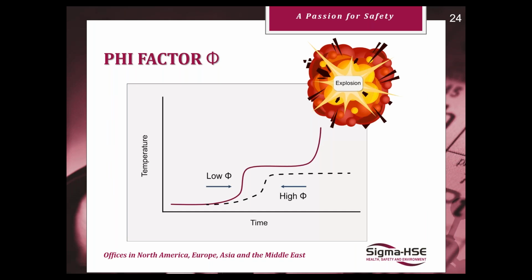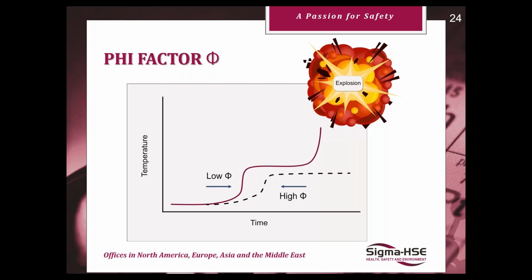So the consequences of different phi factors: if we consider a high phi factor system, such as the Carius tube or the DSC, and we have a decomposition over time, there's going to be greater heat losses to the container. And as this plot shows, with the dotted line, we may not hit a secondary decomposition because there's been heat loss from the system.